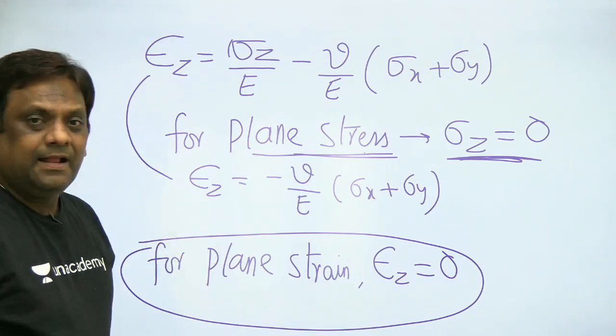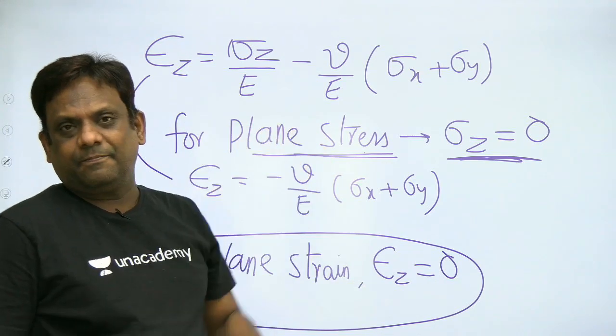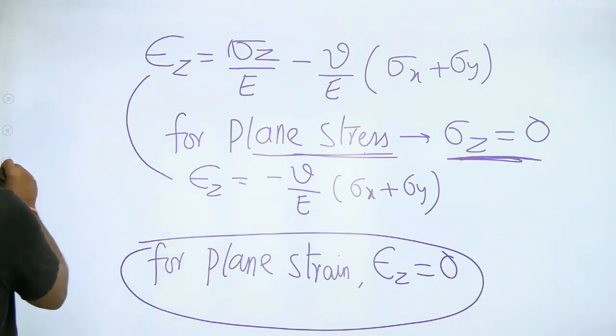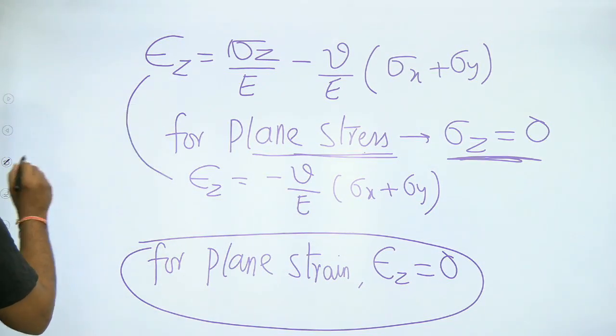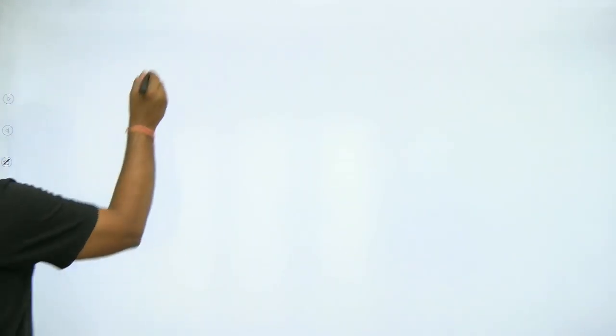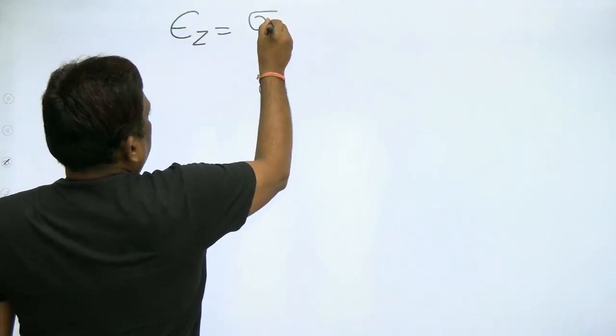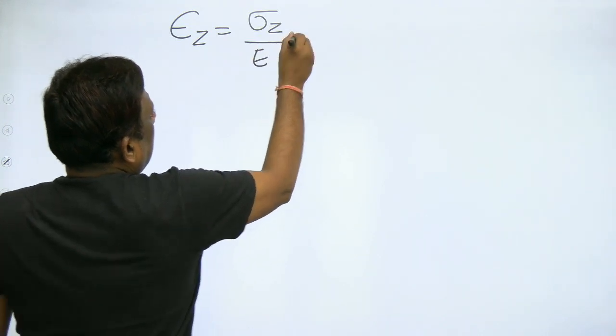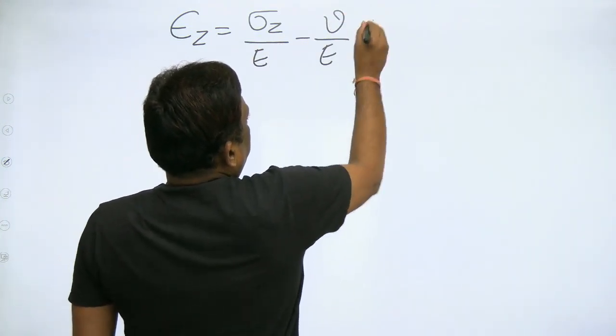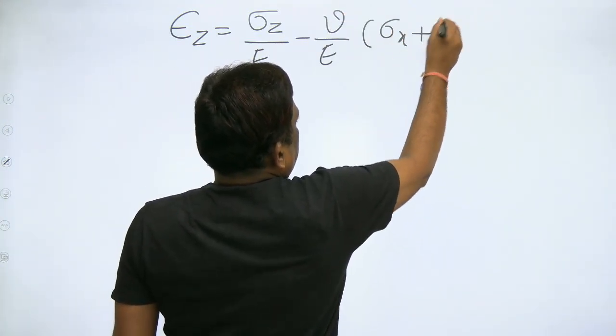Similarly, let's take plane strain. Listen, my dear students. You know that epsilon z is equal to sigma z by E minus nu by E into sigma x plus sigma y.